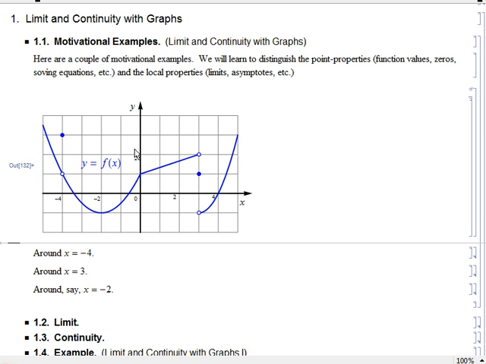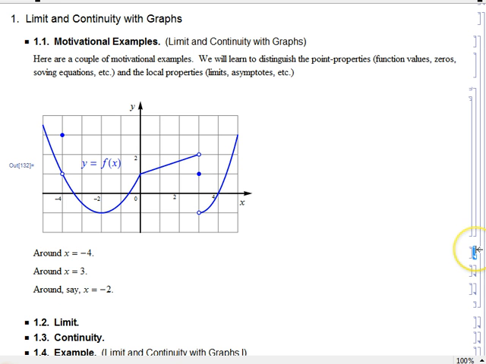That kind of thing is called the local properties, and limit, derivatives, and all kinds of things we learn in calculus are local properties. That's kind of a quantum leap from pre-calculus to calculus, from point property to local property.